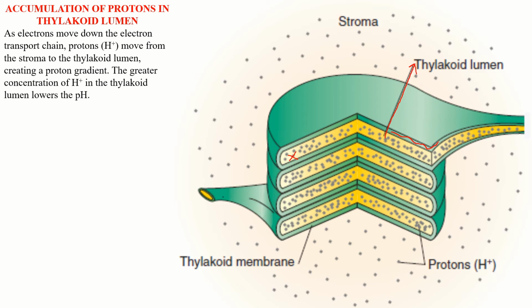thylakoid membrane. And at the time of ATP synthesis, these protons are diffusing back into the stroma, from the thylakoid space, the thylakoid lumen, across the thylakoid membrane.